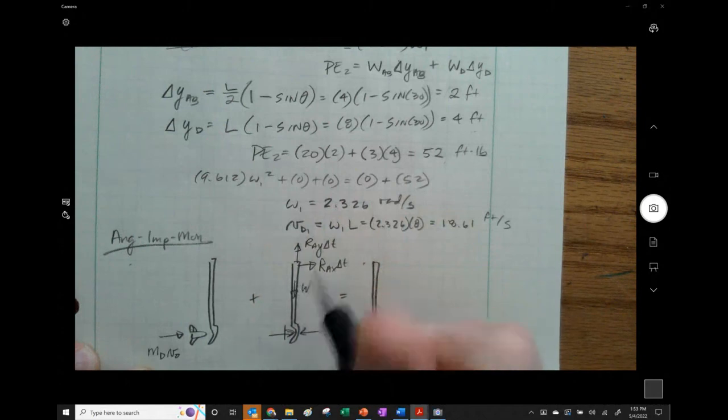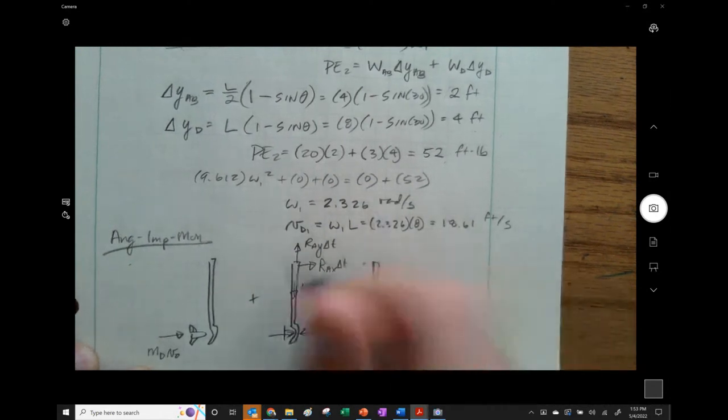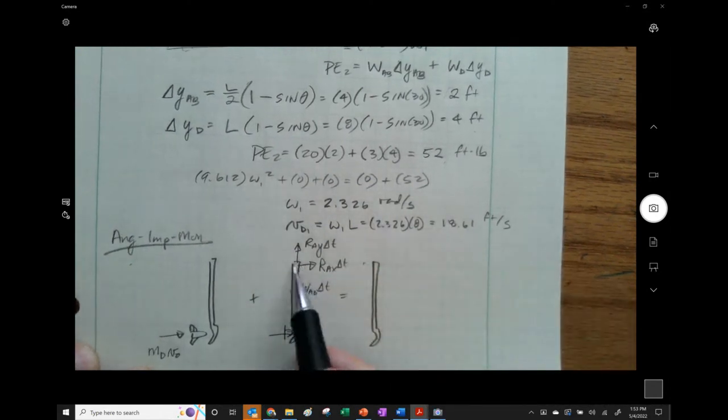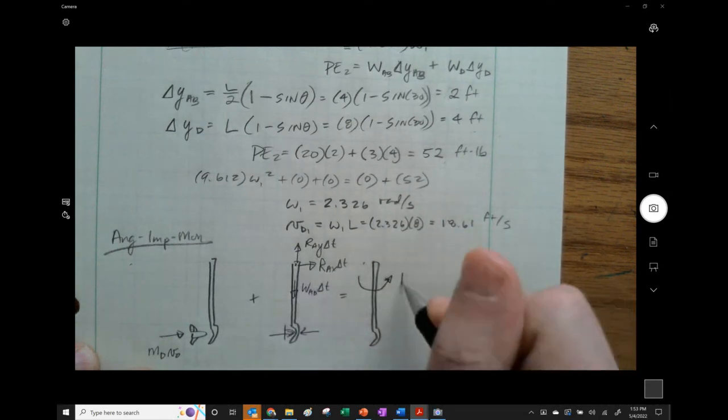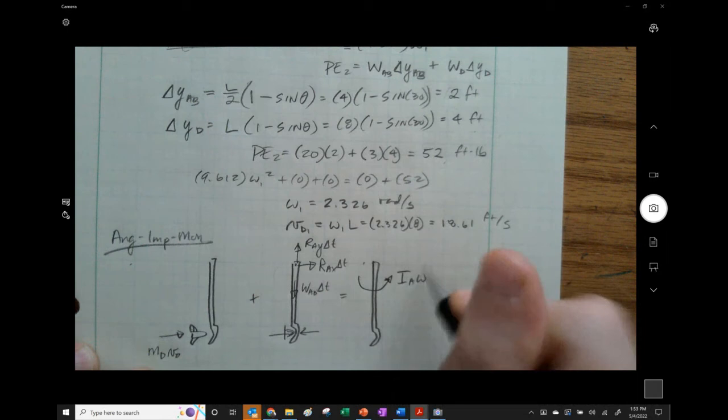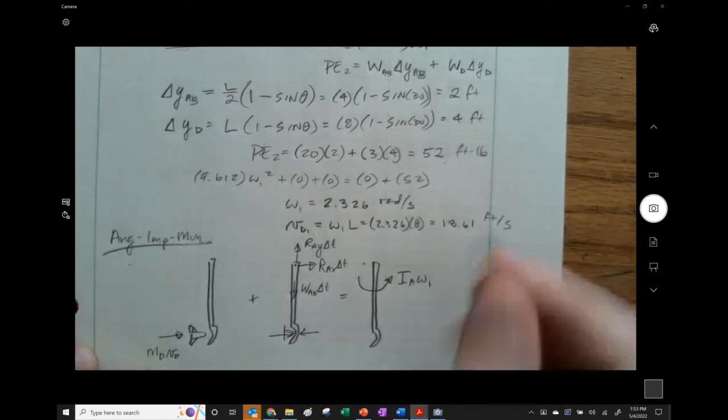We also had the weights if we wanted to. I could draw that as an integral thing right there, but the point is we're going to do it about this point anyway to get rid of those things. And after the fact, we're going to have IA omega 1.